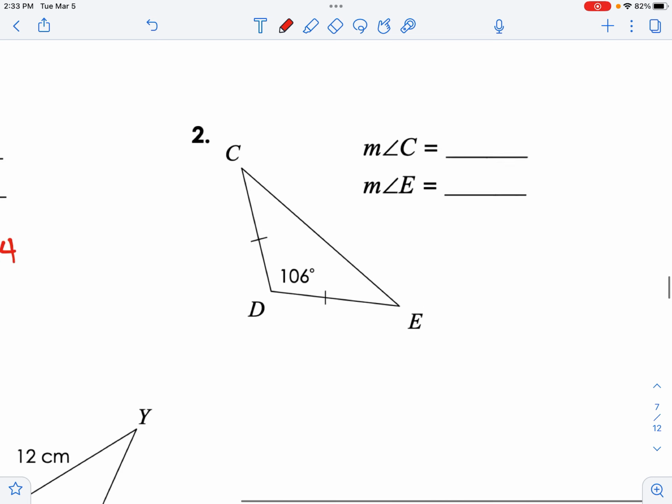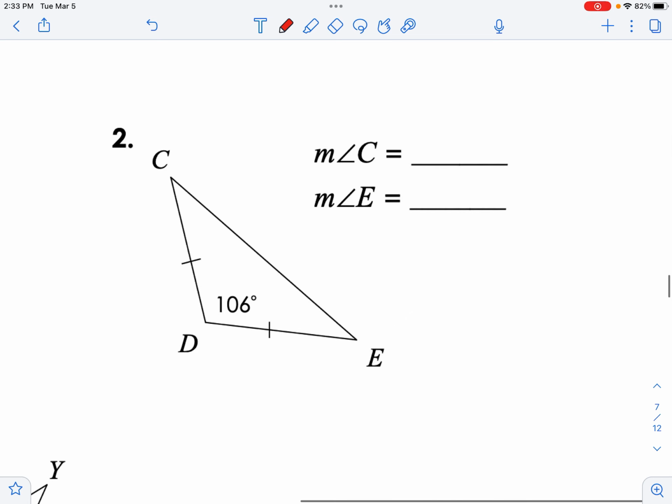Okay, number 2. It's isosceles again. This time, that side and this side are congruent, and then the angles across from them would be C and E. So that means this has to be congruent to this. Well, a triangle has to add up to 180.